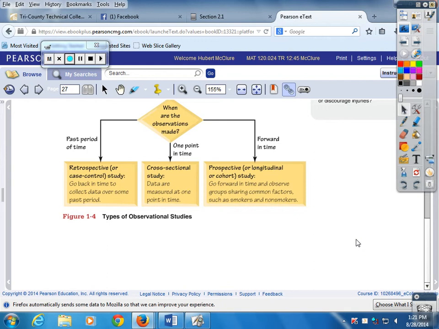Retro fitting? Retro, whatever you call it. In other words, back. Go back. Go back and look at the records in 1960 to see how many people died because of DUI in Anderson County. That would be a retrospective study.